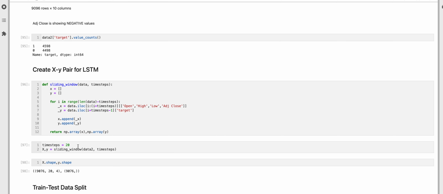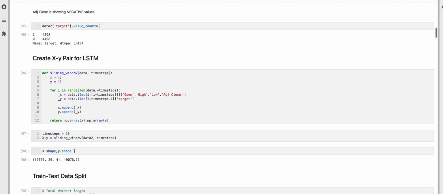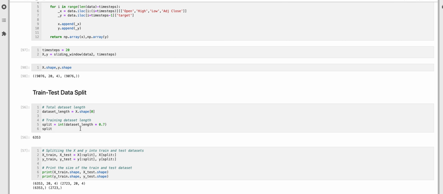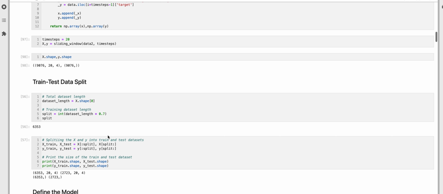Next, we will use 20 days to form the XY pair for the trading. Next, we will split the time series into training and testing data set. We arbitrarily take 70% of the data for training and 30% of the data for testing.